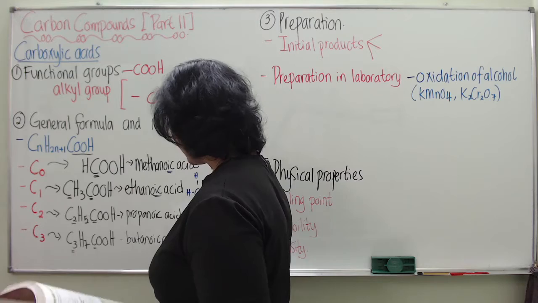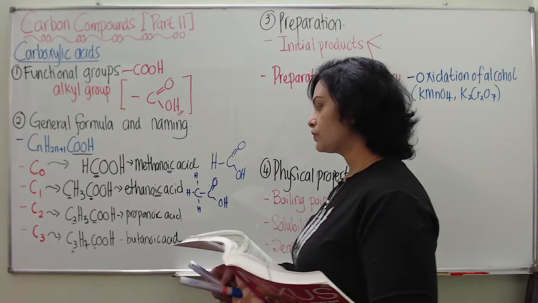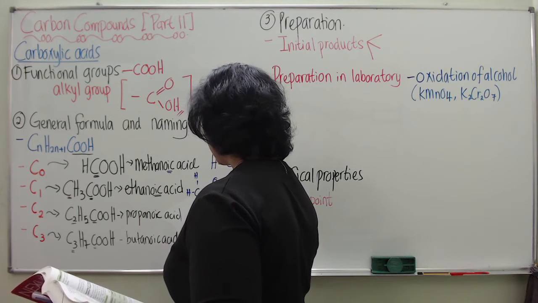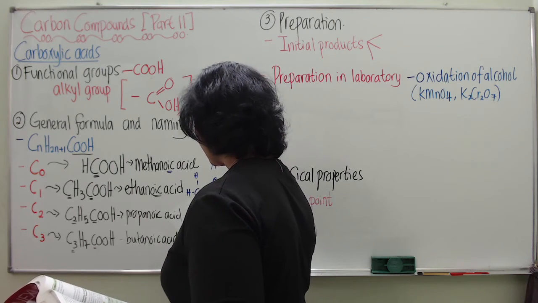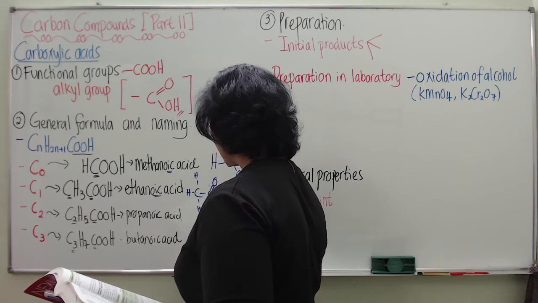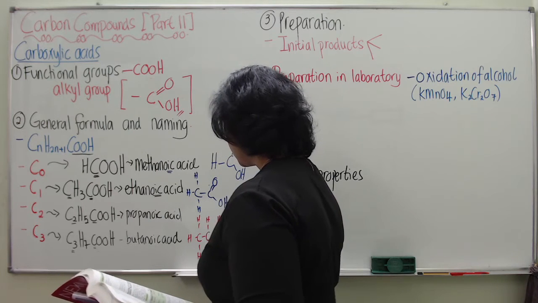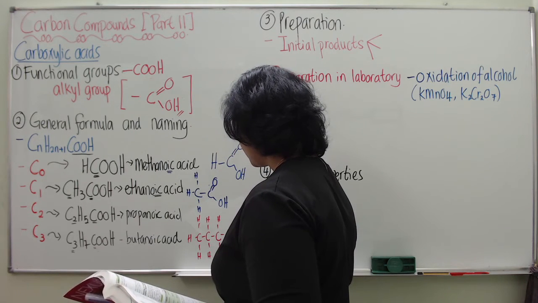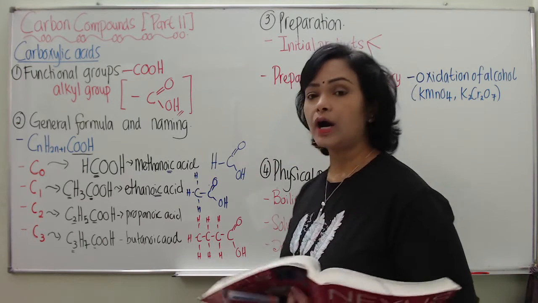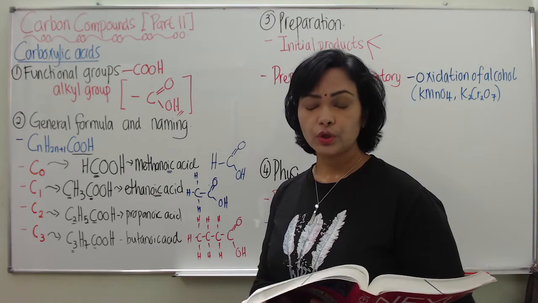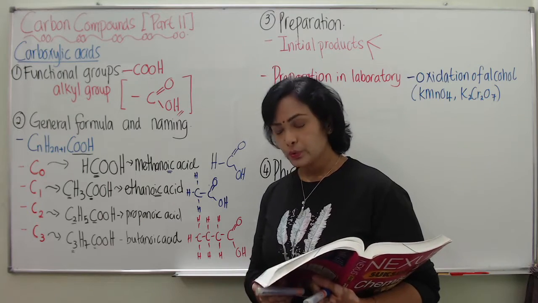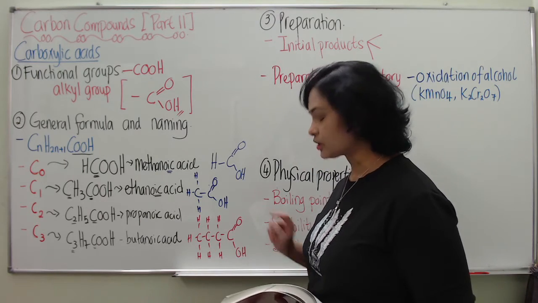At least the teacher will draw the structural formula of butanoic acid, which is 1, 2, 3, COOH. If students are confused with how to name this molecular formula, you can try drawing the structural formula.